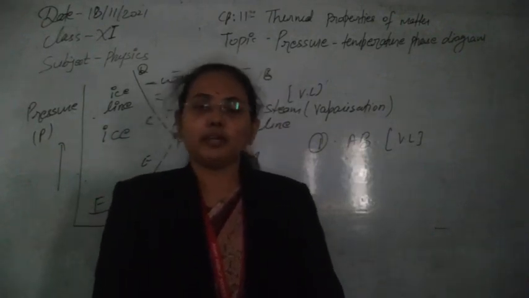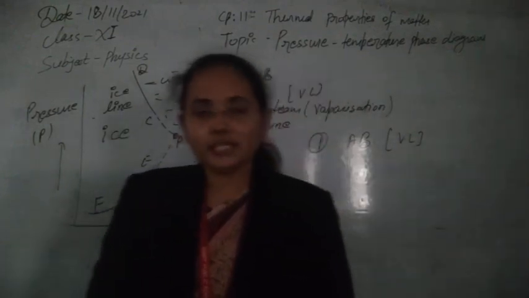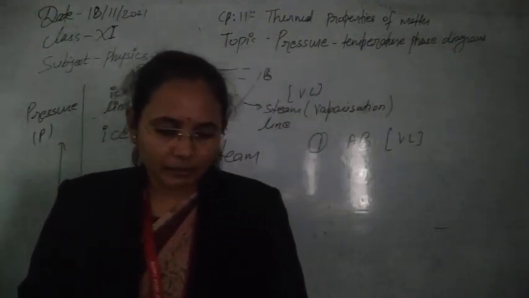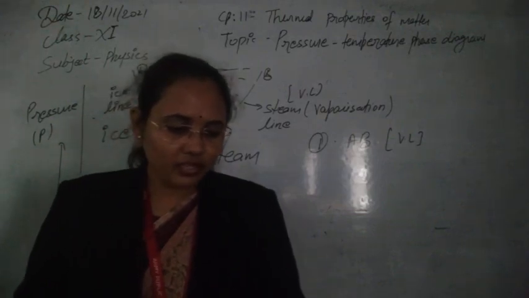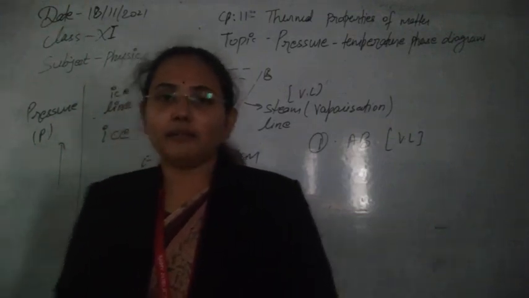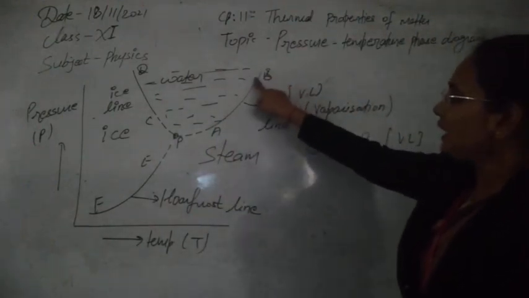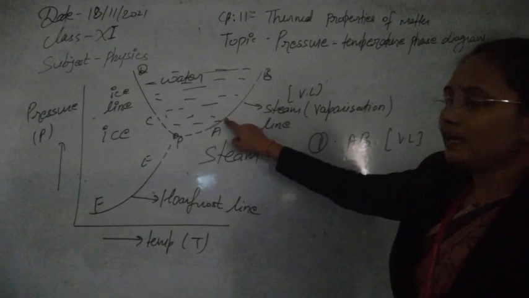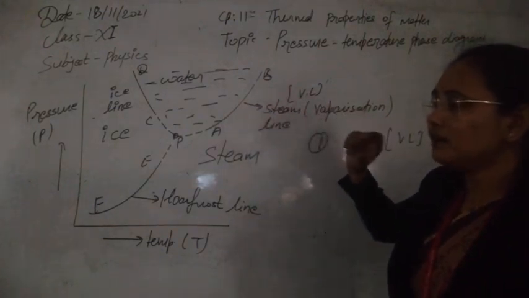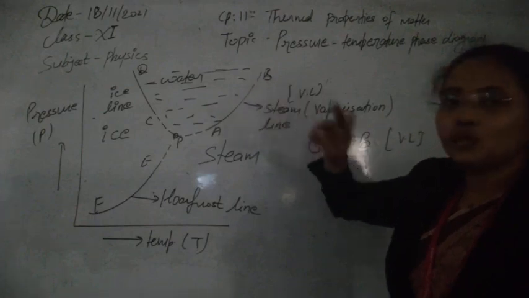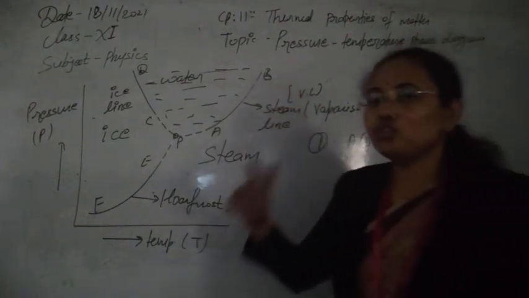At any point on the vaporization line, the temperature and pressure values are such that the substance can coexist in liquid and vapor phase. Means at any point on AB, the matter will coexist in two forms. This is a line that divides two states.